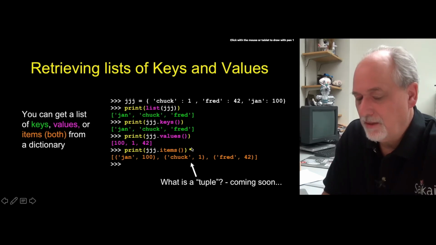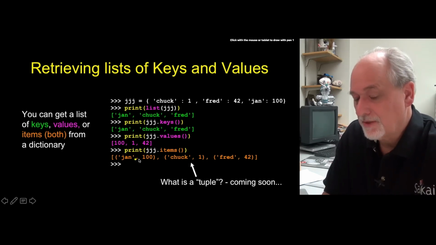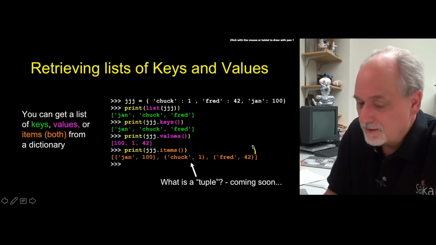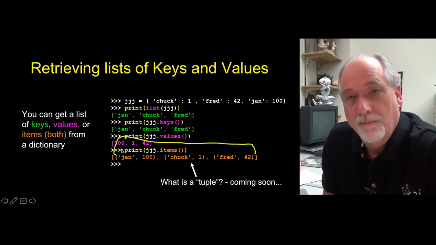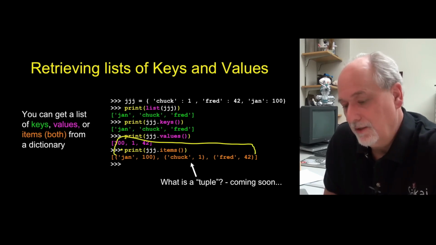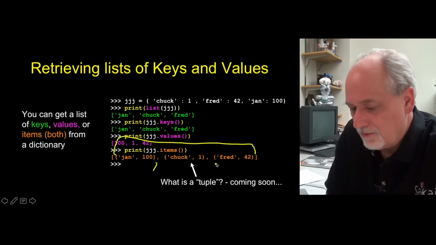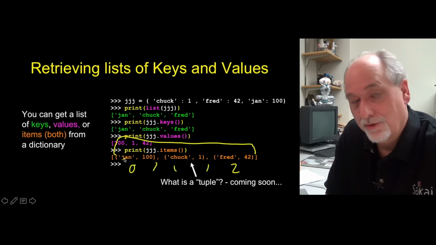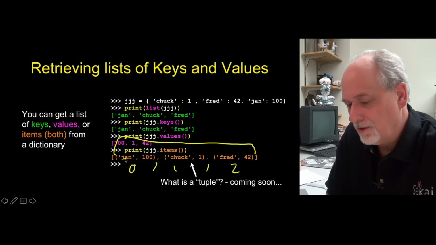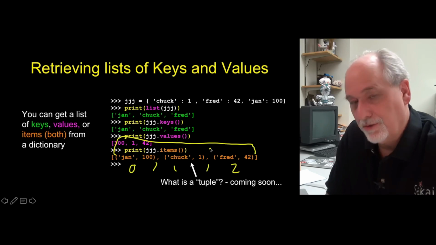And we can say, give me the items. And that gives us a list. This is our first really kind of composite combined data structure where it is a list, a 3-item list, 0, 1, 2, and inside that there is what are called 2 tuples. Jan maps to 100, Chuck maps to 1, Fred maps to 42.